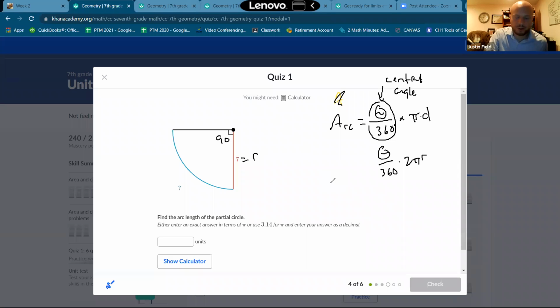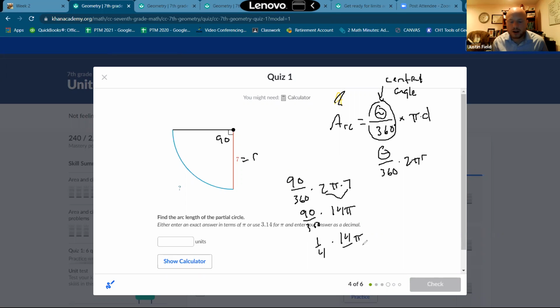Okay, so this one would be 90 over 360 times 2 pi 7. We multiply that 2 and 7 to get 14 pi. Multiply that by 90 over 360, which is 1/4. So 14 pi, put that over 1.